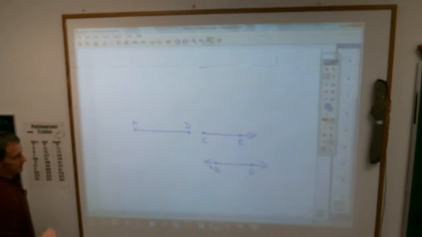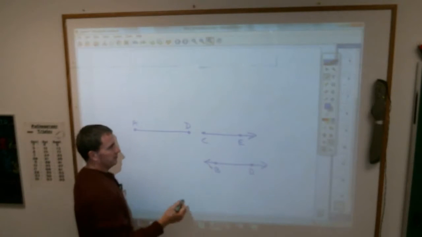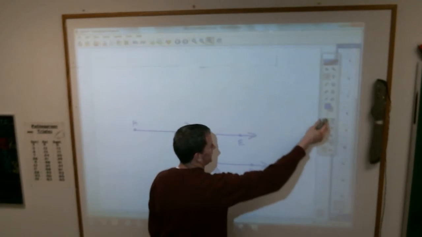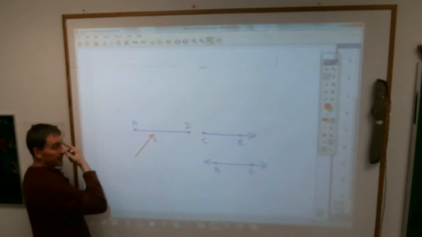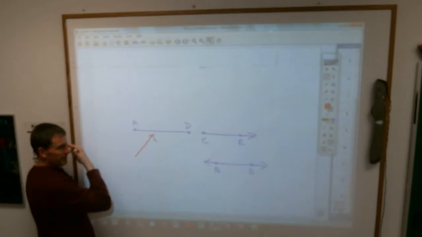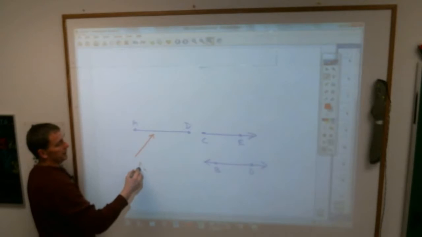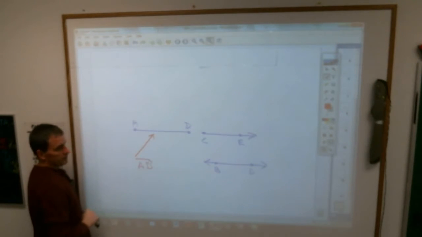When you're labeling things like that, in math, people get kind of particular about this. If I were trying to tell you to look at line AD, you'd have to write it as AD with a line over it.